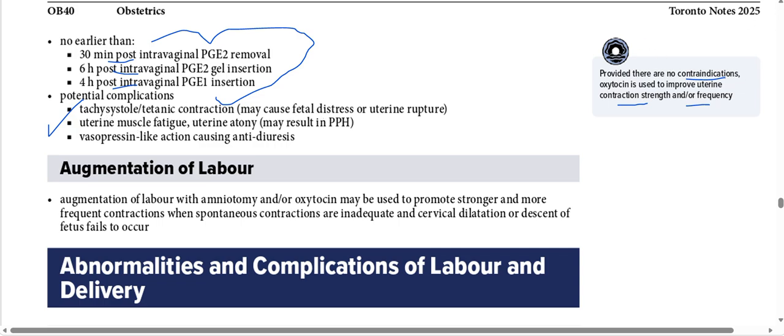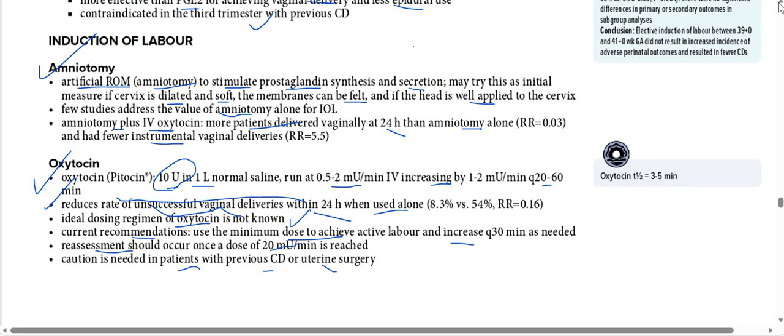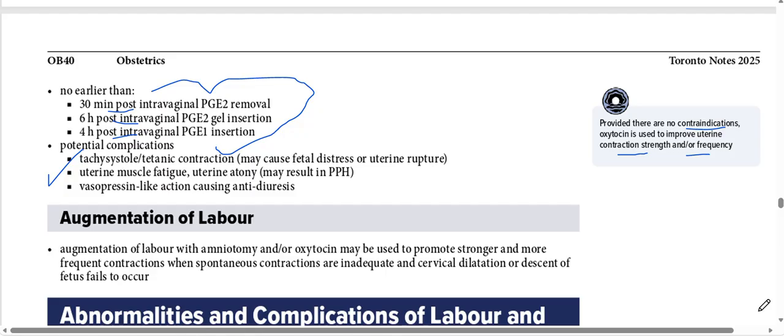Amniotomy and oxytocin, however, can be done together. We do the amniotomy and we start oxytocin together, but for the other agents we need to wait a certain time before we opt for oxytocin. The complications of oxytocin use are tachysystole, increase in the heart rate of the fetus, and tetanic contraction, which can result in fetal distress or uterine rupture, a quite serious complication.